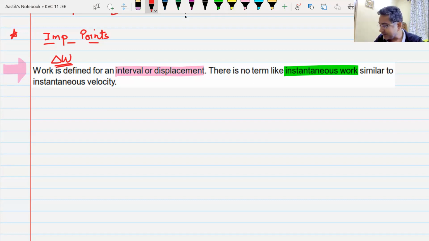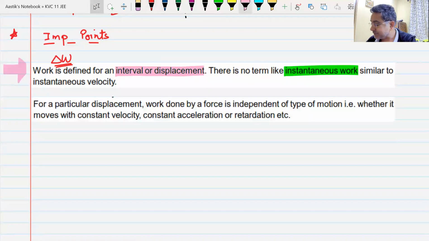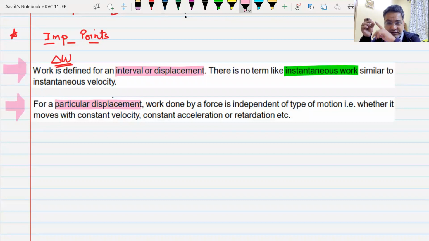We understand this? So work is always defined over an interval of time. Now, the next point: for a given displacement, if the body displaces from point A to point B, the work done is independent of the type of motion.